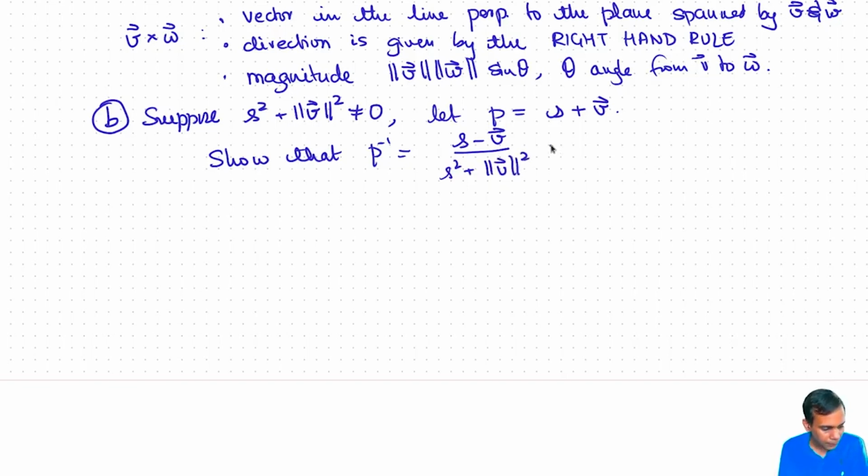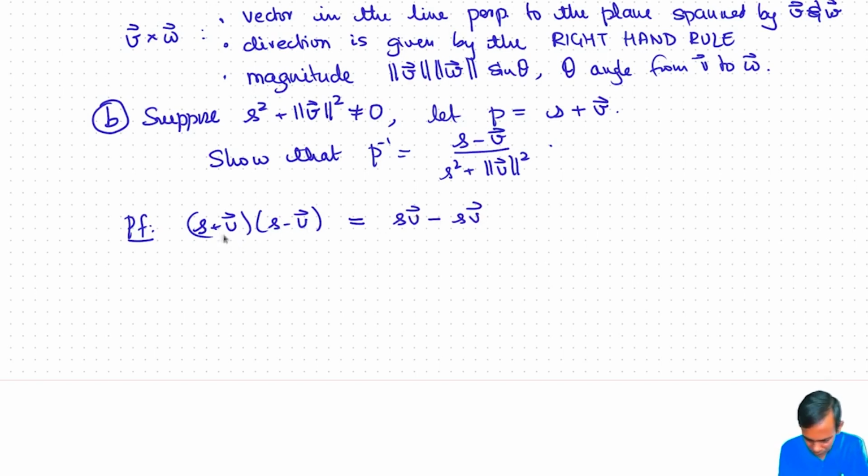And this is very easy. You just look at S plus V times S minus V, and then you multiply. We already know something about the product of two imaginary quaternions, so we'll use that. So this becomes S times V minus S times V, these cross terms.